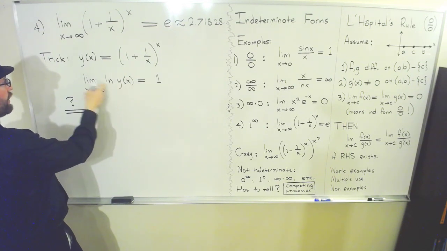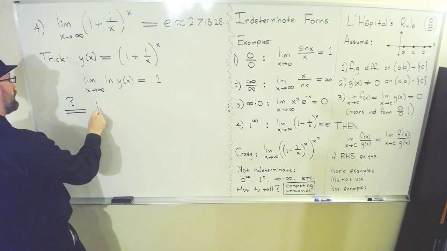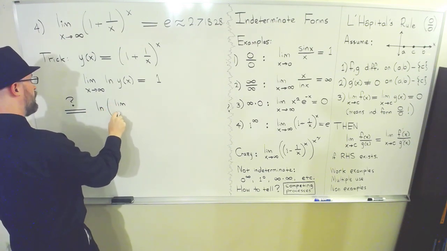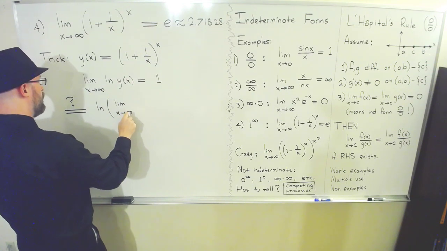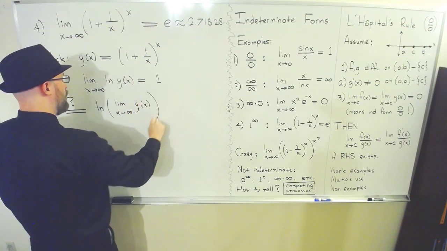Suppose I can pull the ln outside of the limit here. So suppose I could write that this equals ln of the limit as x goes to infinity of y of x.